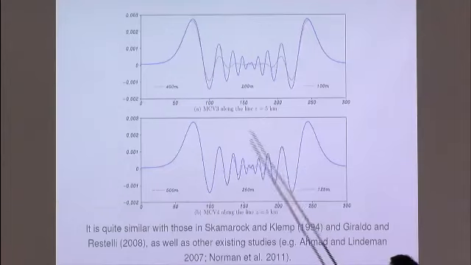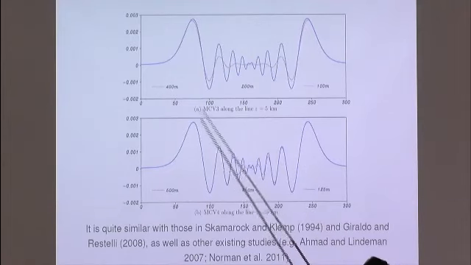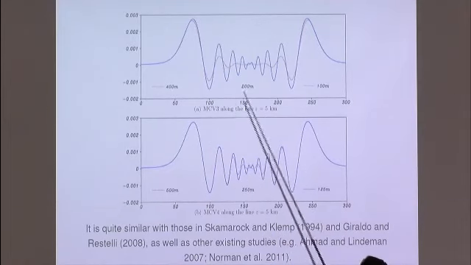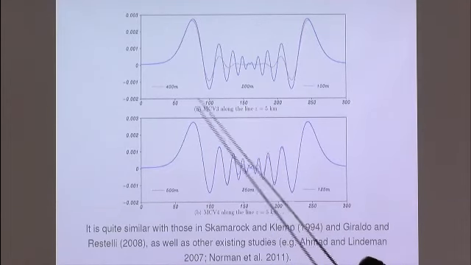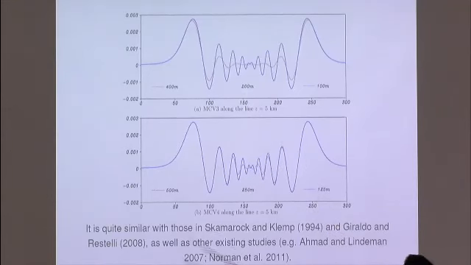And this is along the 5 kilometers line. The different resolution simulations give the same profile. So it's quite similar to existing studies, for example Skamarock and Klemp 1994, and Professor Giraldo, and others.